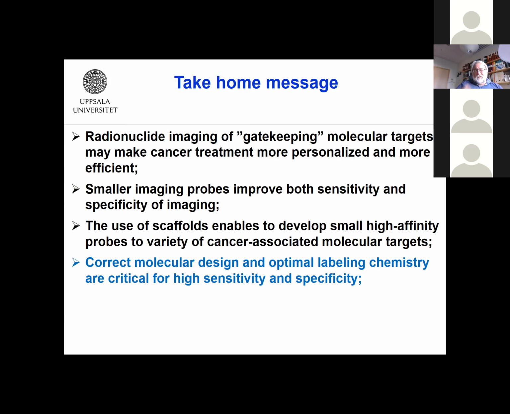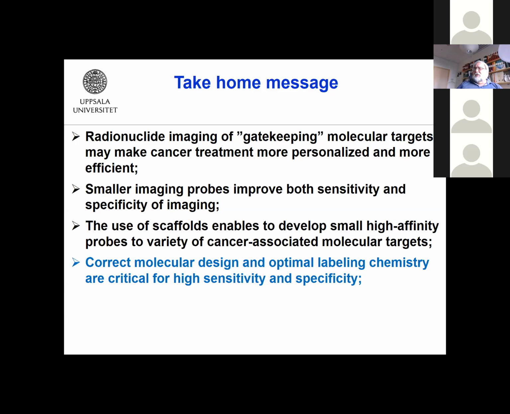So, my take-home message from this lecture. Radionuclide imaging helps make cancer treatment more personalized and therefore more efficient.